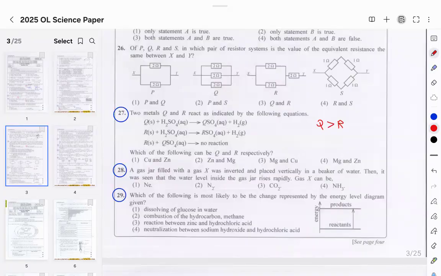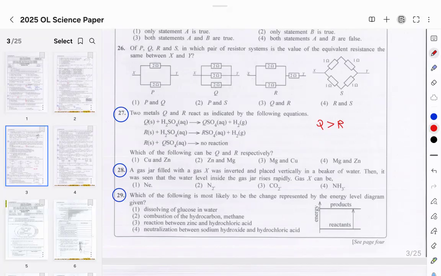Magnesium and copper. Is it possible? Yeah, magnesium is up. Then copper is at the bottom. Then magnesium and copper can be a suitable couple. But look at the fourth one. Magnesium and zinc.